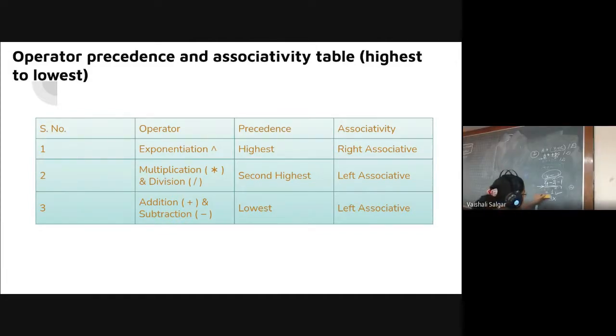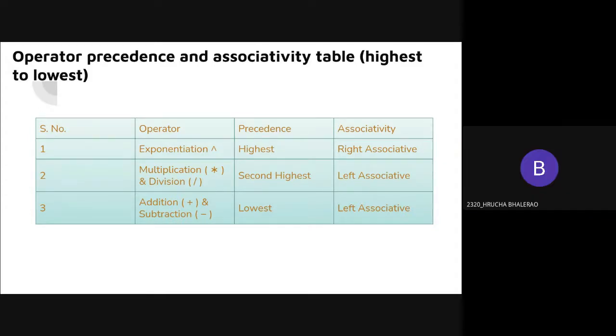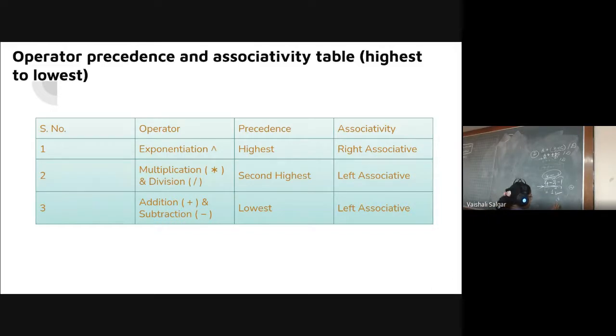If I have an expression like 2 raised to 3 raised to 4. Is this visible, girls? Yes, ma'am. So when I have an expression like 2 raised to 3 raised to 4, my exponential has the highest precedence and it will be right associative.